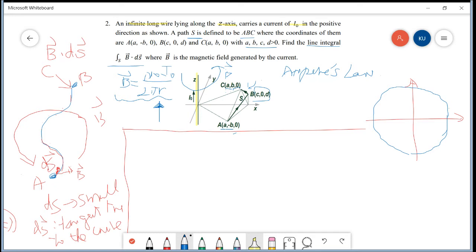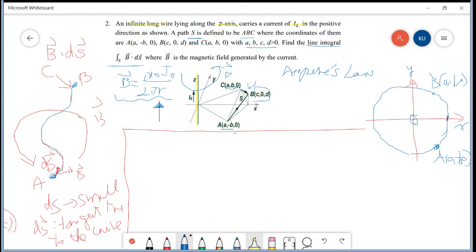Suppose this is the x direction, this is the y direction, and the z direction is out of the page. Hopefully we will have a point A here, point B here, so it will be (a, b, 0), and here (a, -b, 0), and C should be somewhere here.